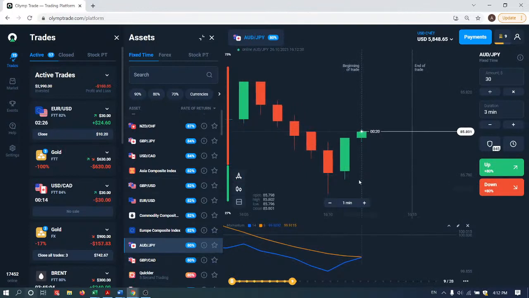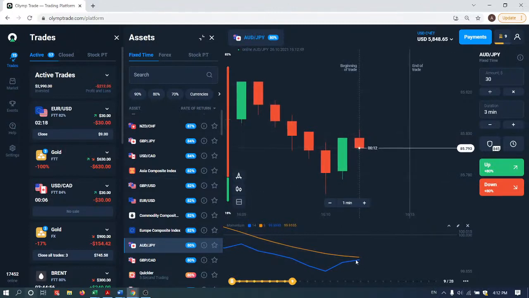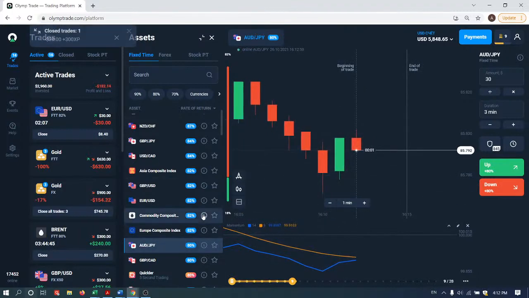So don't try to overthink it. Don't try, for example, to guess whether this particular trade will turn positive or negative. Instead, just look for the signal, and if the signal is there, just open the trade.